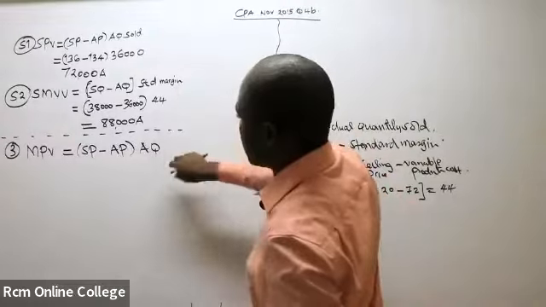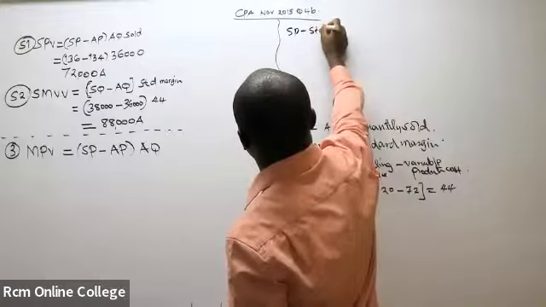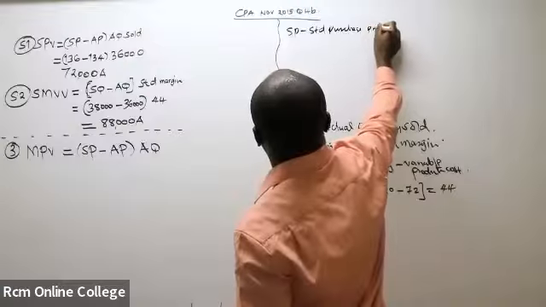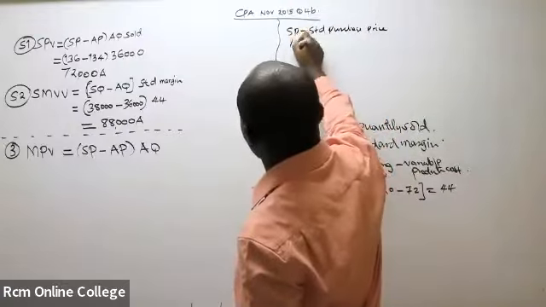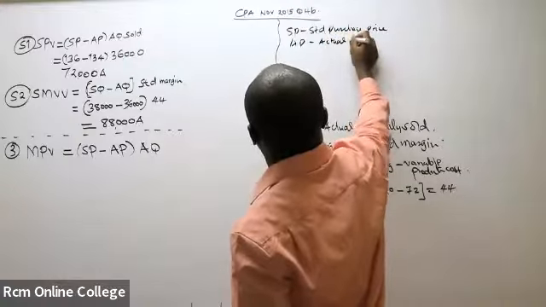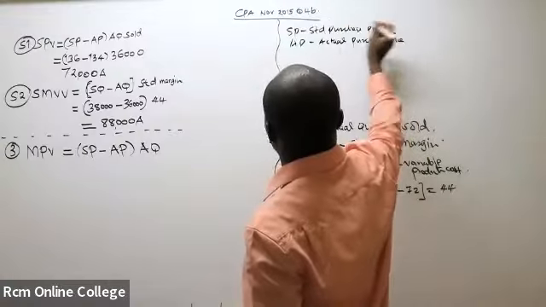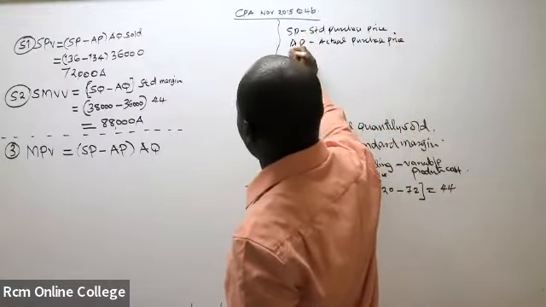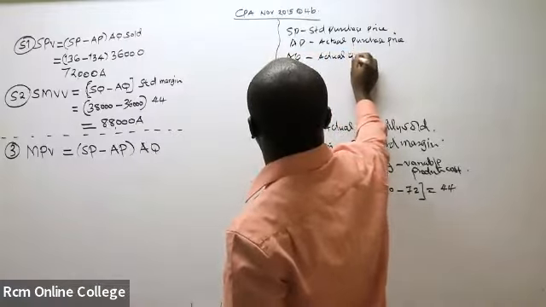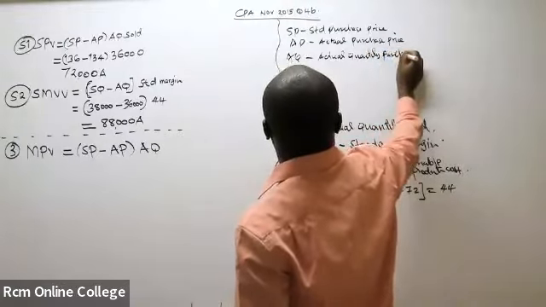When dealing with material now, we have standard purchase price, of course, for raw material, then AP, actual purchase price, not actual selling price. Then we have actual quantity, that is actual quantity purchased.